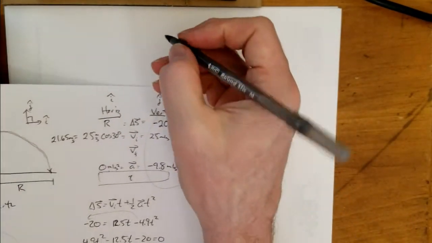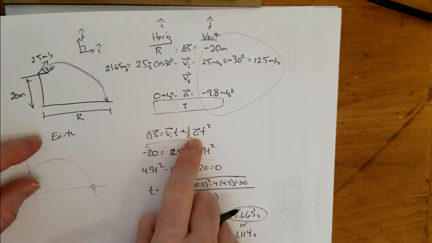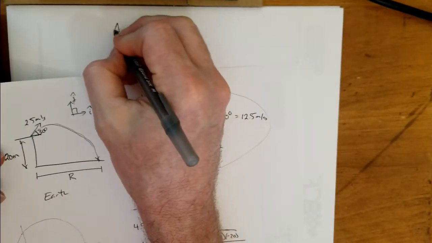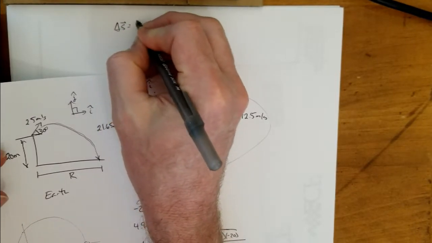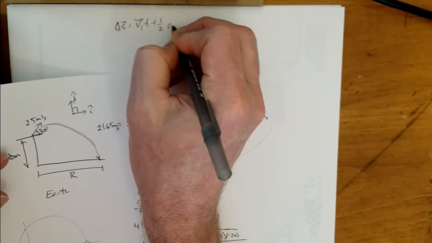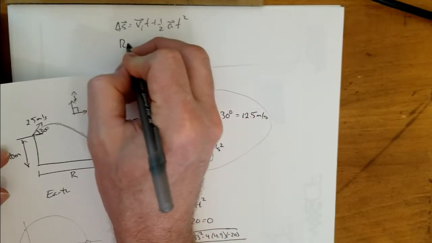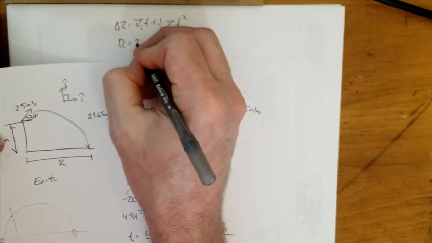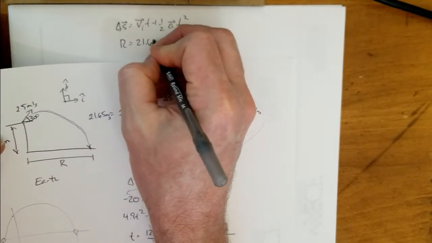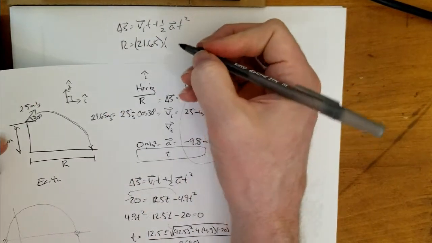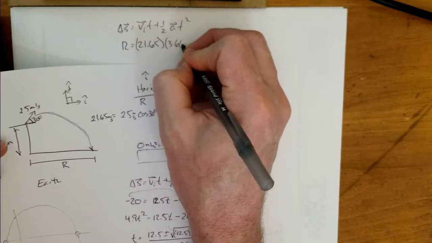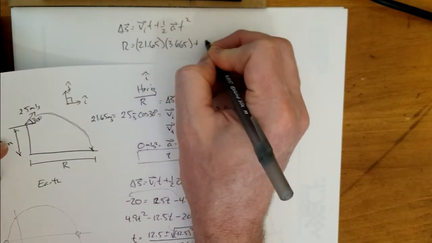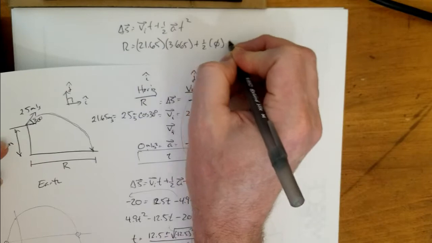And so now we bring in the horizontal. I'm going to use the exact same base formula right here. So delta S is equal to VIT plus 1/2 AT squared. My range, therefore, is 21.65 times my time, which is 3.665, plus 1/2 times 0 times time squared.